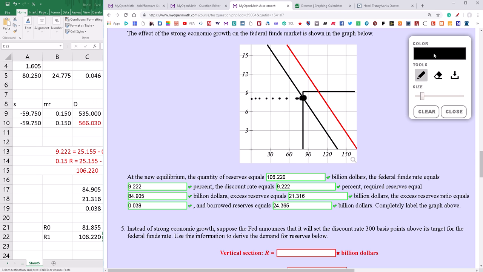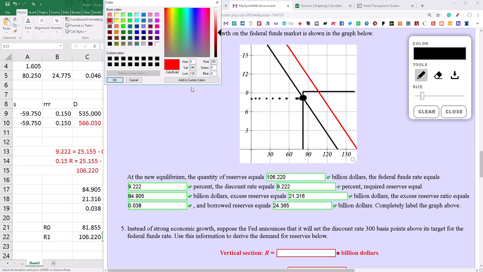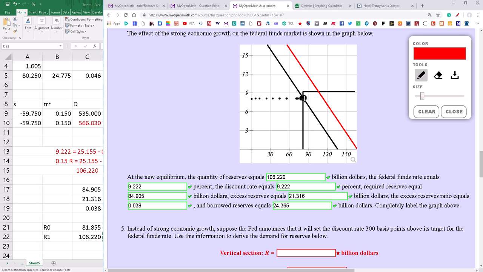What the Fed will probably end up doing instead of a discount loan is an open market purchase equal to that difference.